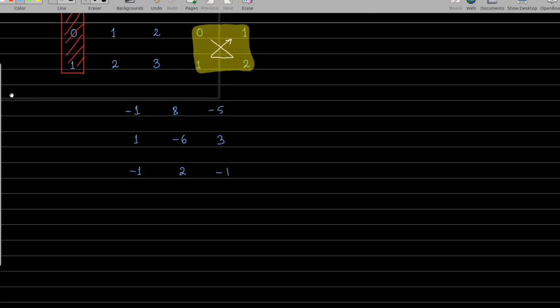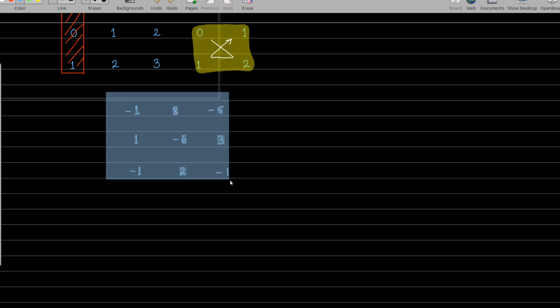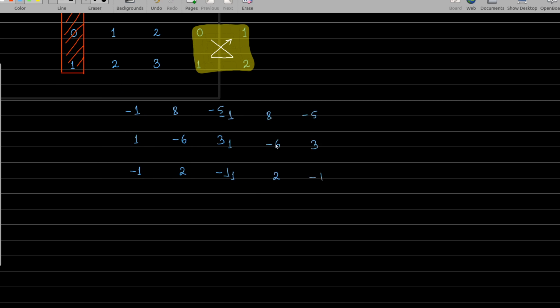So these are the elements, and every element will be divided by the determinant, minus 2, everywhere. Okay, so we divide by minus 2.